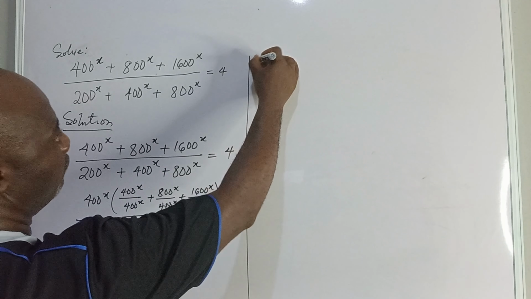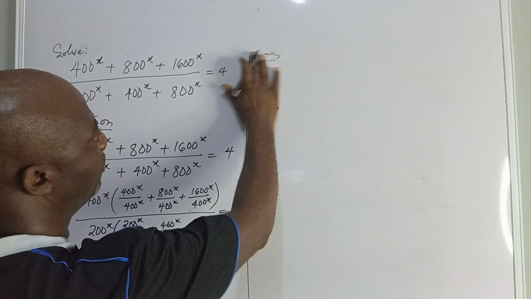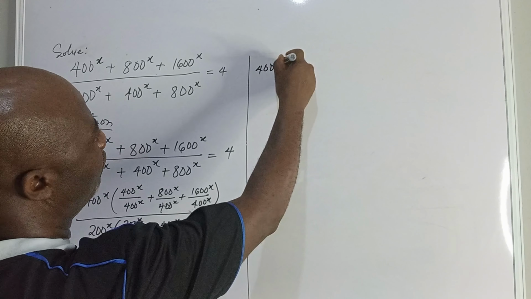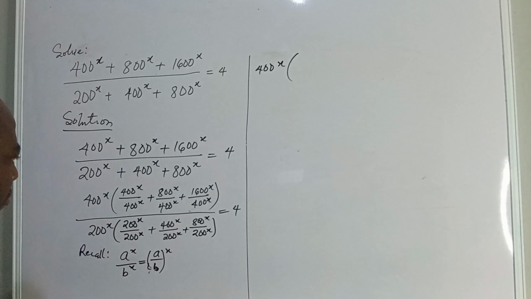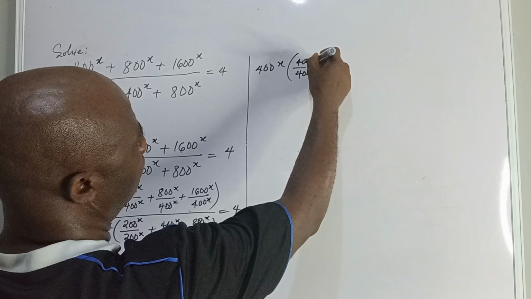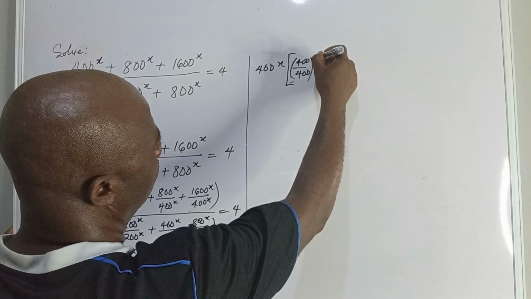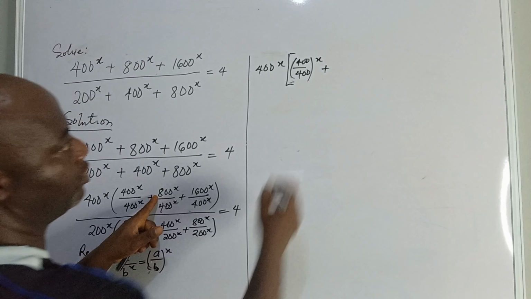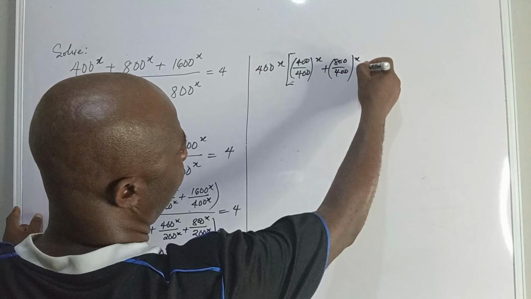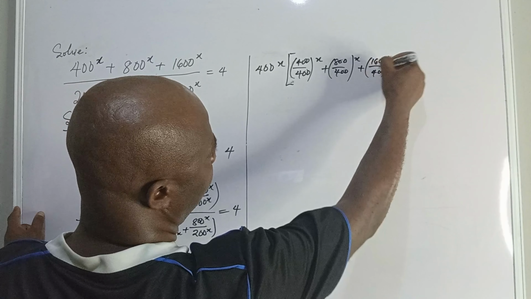at the numerator, we are going to have 400^x all over, into (400 over 400)^x plus (800 over 400)^x plus (1600 over 400)^x.